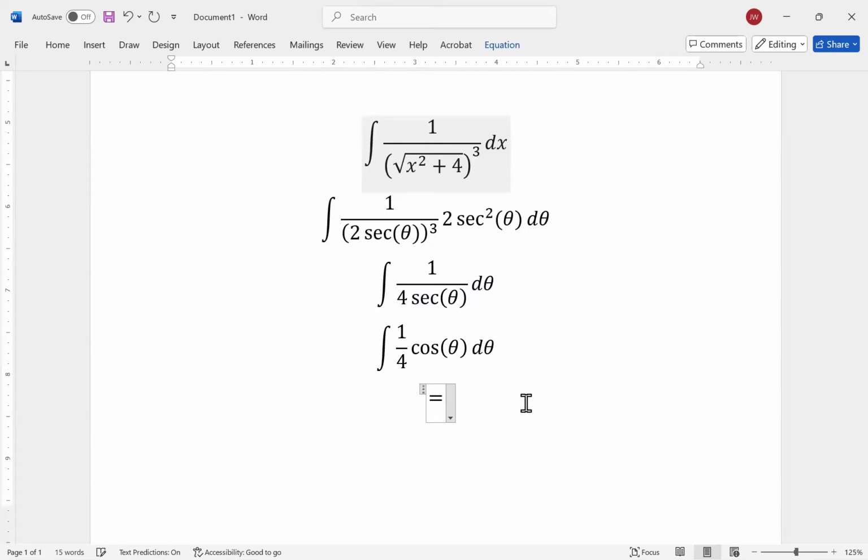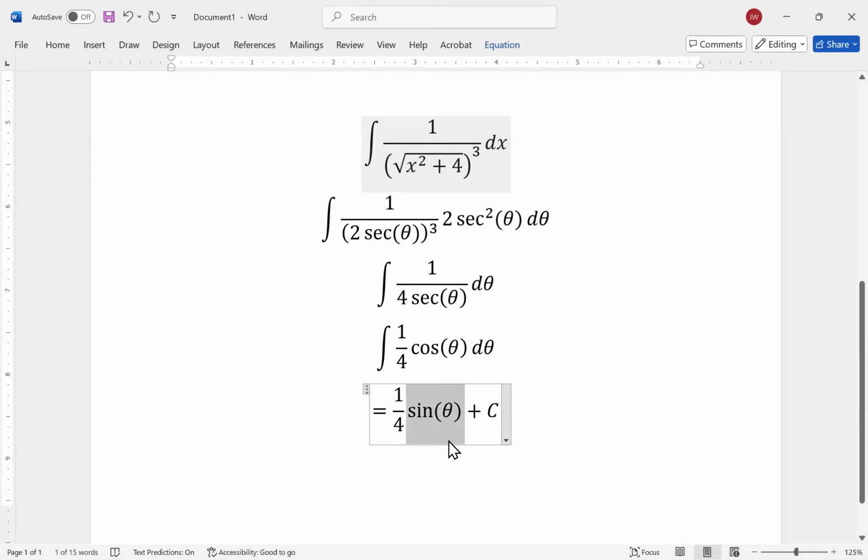So my answer is 1/4 sine of theta plus c. Now, sine of theta is great, but our original integration started with x's.